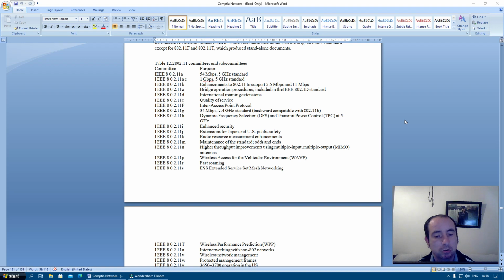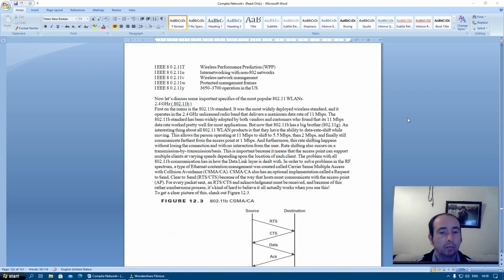IEEE 802.11s: ESS, extended service set, mesh networking. IEEE 802.11t: wireless performance prediction. IEEE 802.11u: internetworking with non-802 networks. IEEE 802.11v: wireless network management.